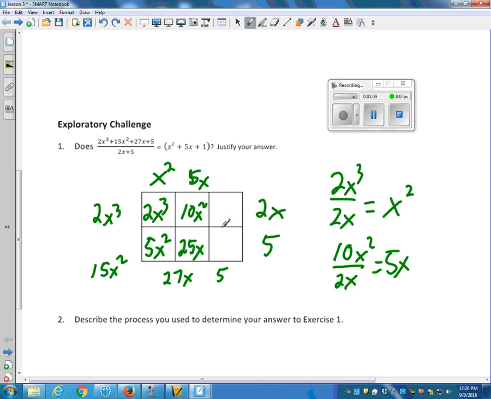What goes up here? 2x, because these two have to add up to 27. And then I do 2x divided by 2x, which is 1. 1 times 5 is 5.